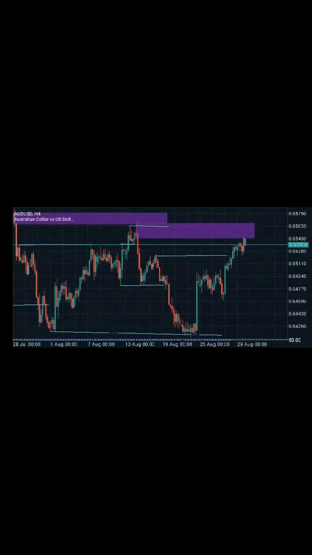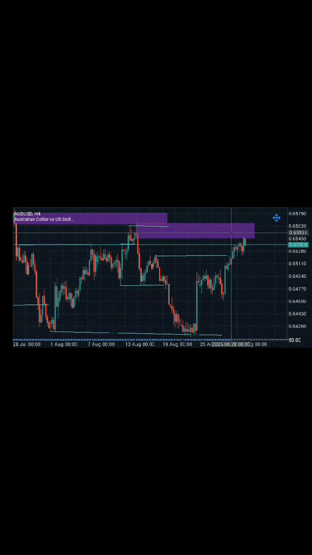After doing some stop hunt below this low, price went to the upside with an impulsive candle, which went to take out this buy side liquidity resting above there, filling the imbalance, and it's currently reacting from the 4-hour order block.